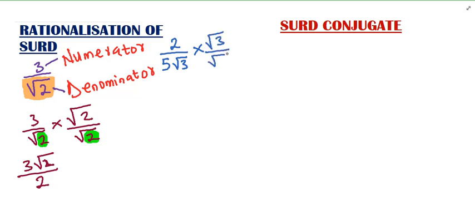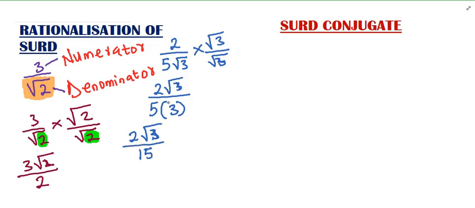We need to move away that SOD. So from here, 2 times SOD 3 is giving us 2 SOD 3, over SOD 3 times SOD 3 is what? I have my 5 first here, and then 3 times SOD 3 is 3. Now we're having that 2 SOD 3 over 15.